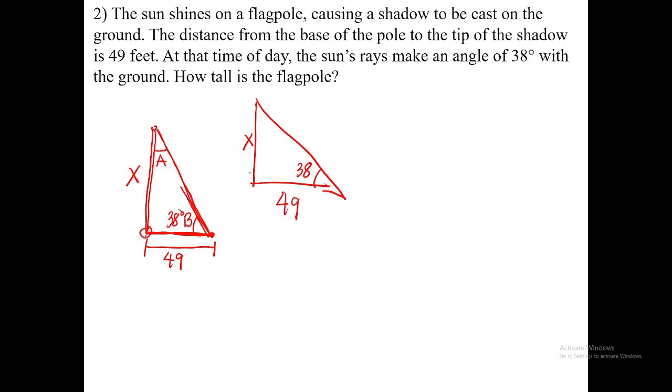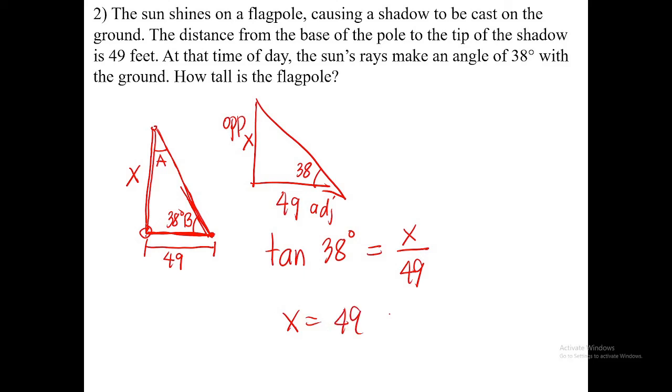Based on this, what function will we use? Tangent. Why tangent? Opposite or adjacent? Opposite, sir, is X, adjacent, sir, is 49. So we have X opposite, adjacent 49. So what is 49 times tangent 38?